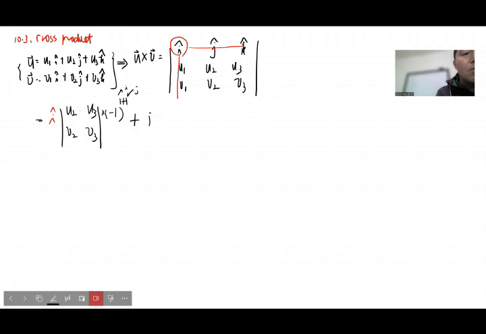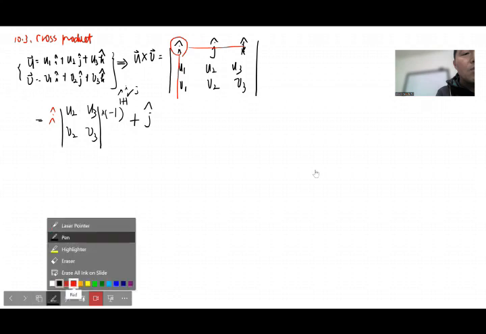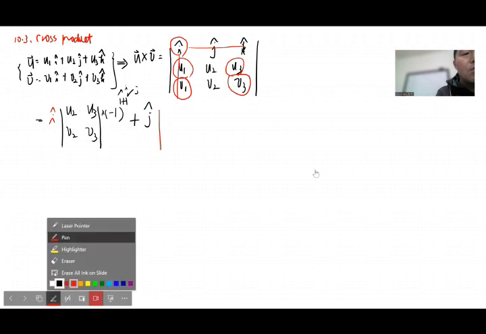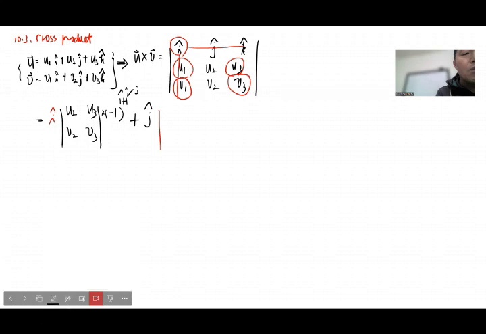And the second, j, same thing. You pick up the non-y components from the second and third rows, and that is u1, u3, and v1 and v3.